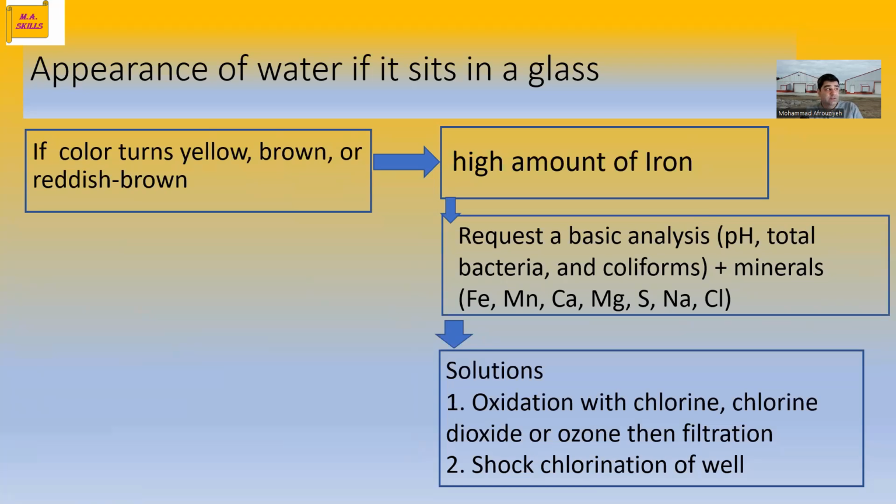And if it is confirmed that your water has a high amount of iron, then we have some solutions like oxidation with chlorine, chlorine dioxide, or ozone, and then filtration. Or you can shock chlorinate your well if you are using a well as a water source. I will be posting a link up here so you can look at the shock chlorination protocol for wells. I talked about that in my previous video.